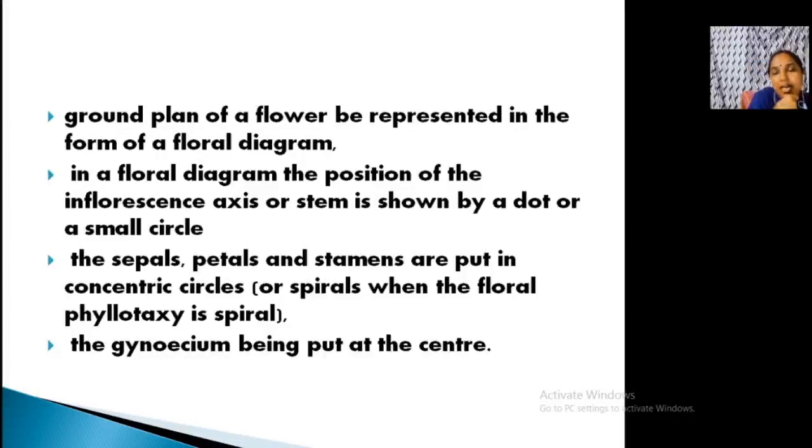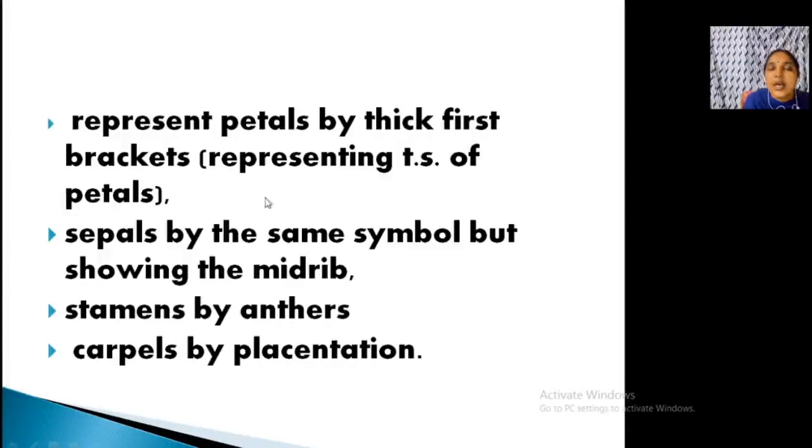Where a flower is attached, that axis you can show with a dot. Then sepals, petals and stamens are in circles. Gynoecium is at the center. How is it? Petals are represented by a bracket. Sepals by the same bracket but with shadings or some markings like midrib.